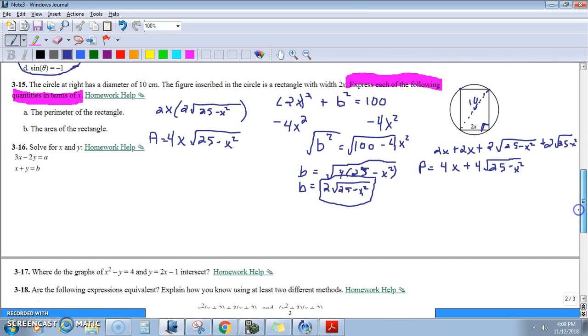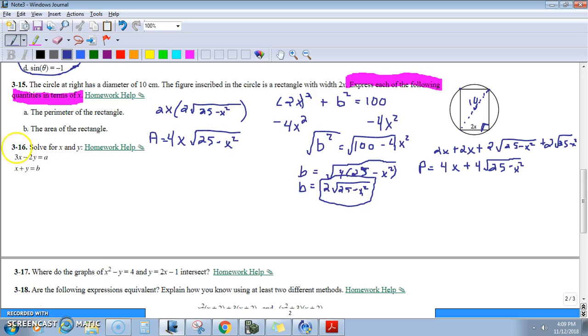What's up next? Solve for x and y. This is a system of equations, but I'm not going to get a number answer because I have 4 variables and only 2 equations. So what I'm going to have to do is solve for x and y in terms of a and b, which is okay. So let's just do it like a normal one.